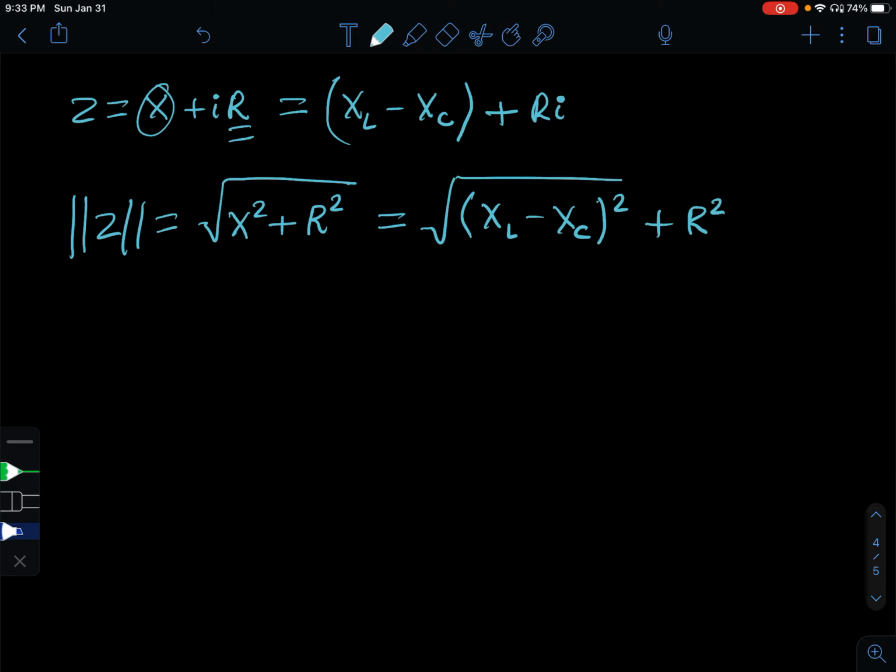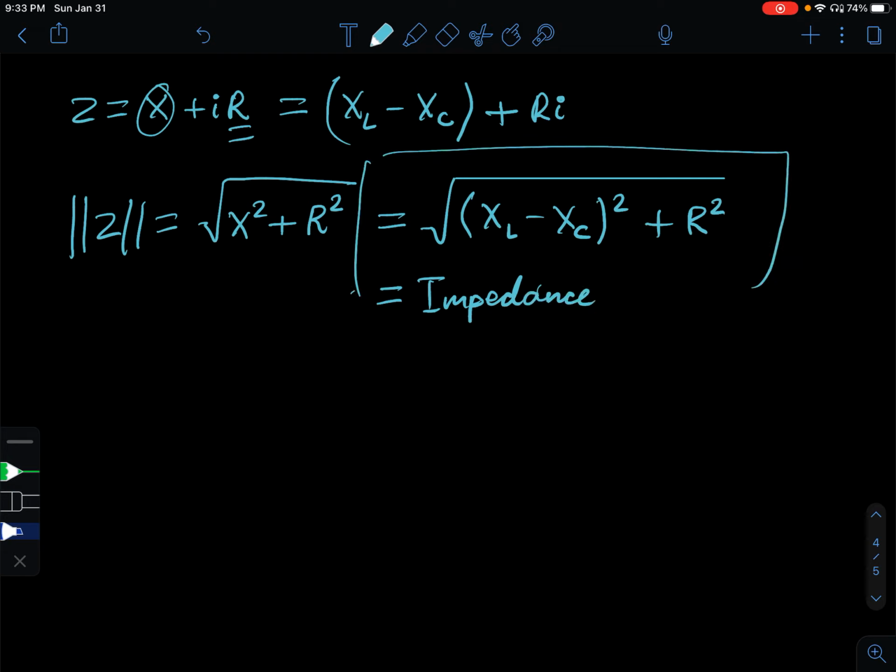And that is your formula. There you have it. This is the formula for impedance. This is the most important takeaway from today's video, that the formula for impedance, given the capacitive reactance, inductive reactance, and the resistance, is this right here.